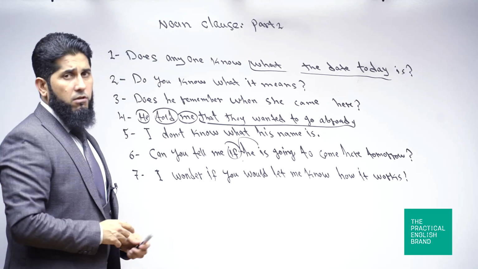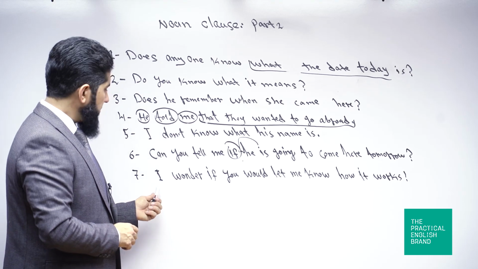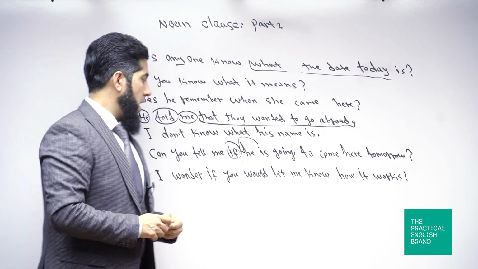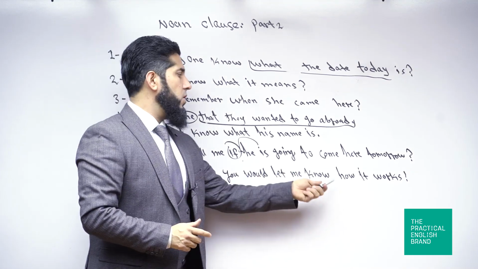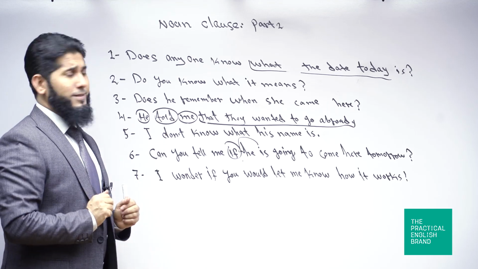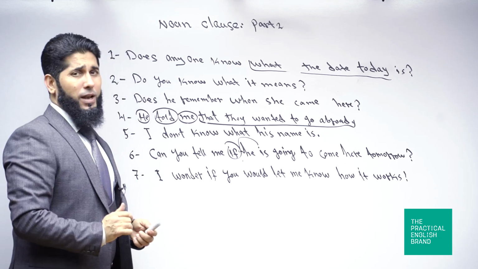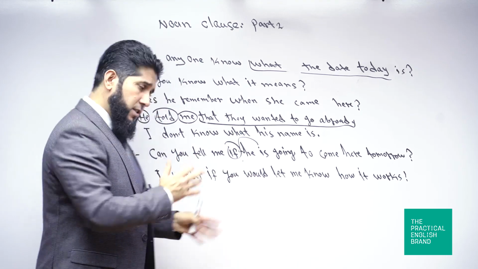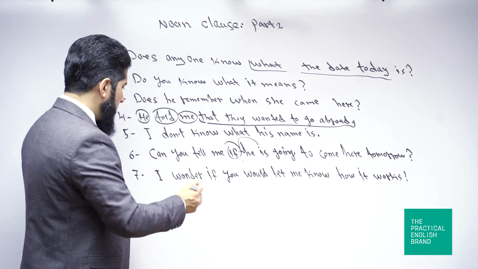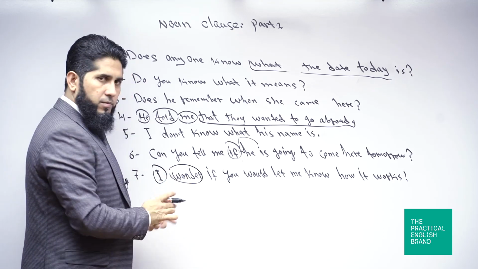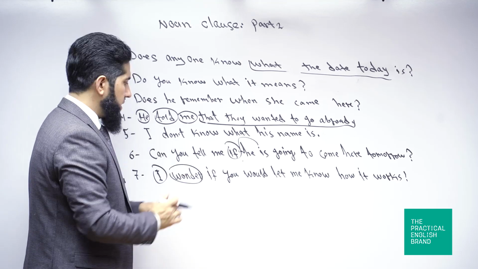And finally, we have example number 7. I wonder if you would let me know how it works. So sometimes you can bring two noun clauses. There's like a noun clause inside a noun clause. So to break down this sentence into parts, here it starts: I is the subject and wonder is the main verb of this entire sentence.